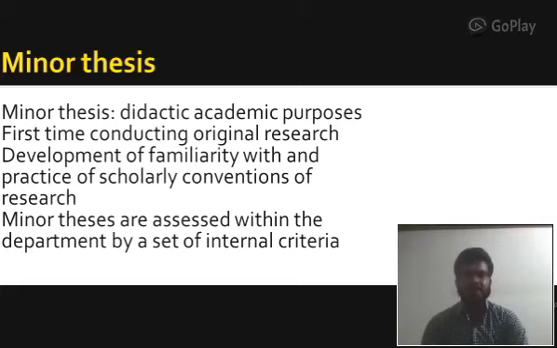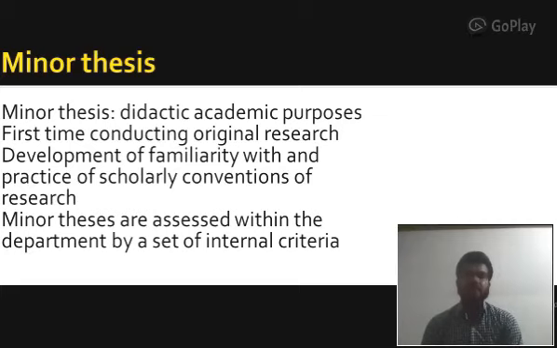So minor thesis is meant for didactic academic purposes, to teach students certain skills of writing, collecting data and analyzing it, and then obviously making a report. Now minor thesis is the first time when the students are conducting original research. So their research is minor thesis.